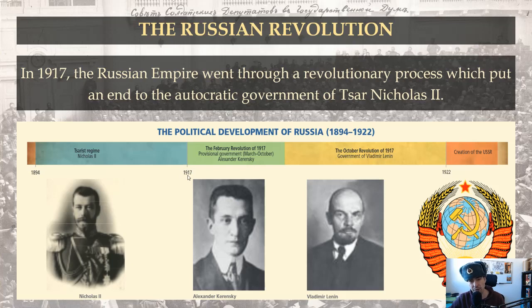There will be two revolutions, the Revolution of February, in which a provisional government started with Alexander Kerensky, and later in October the Socialist Revolution by the Bolsheviks, by Vladimir Lenin, which led to the creation, later after their victory in the Civil War, of the USSR in 1922.